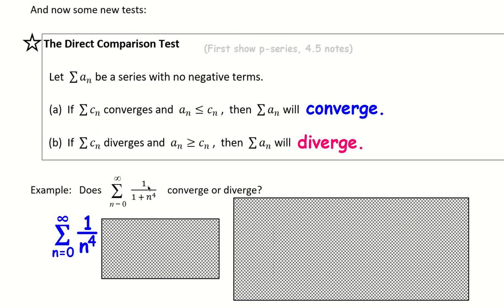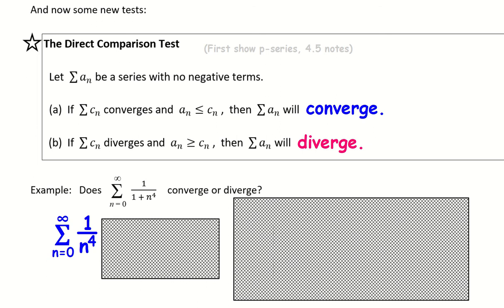So starting with this one, is this geometric? No, you can't use a geometric test. The nth term test is not going to work out because these terms approach zero, and the nth term test is inconclusive with that.